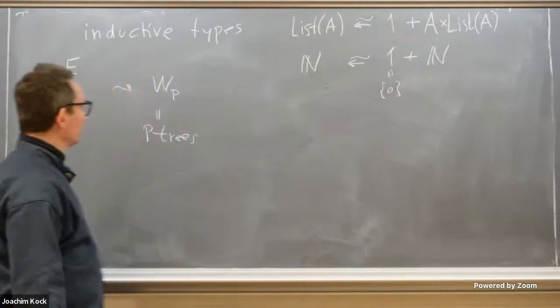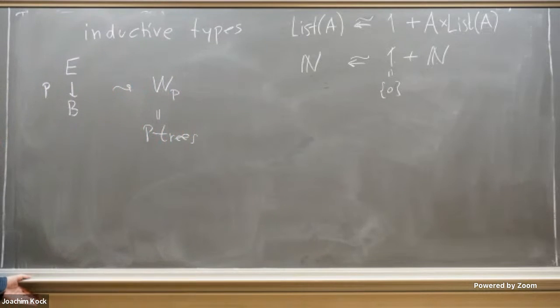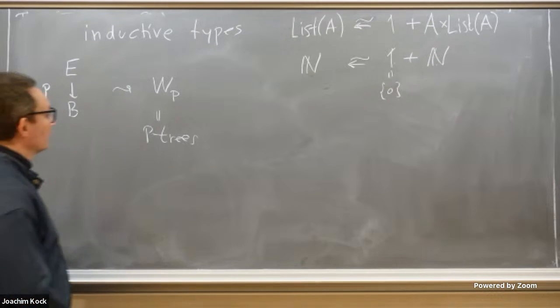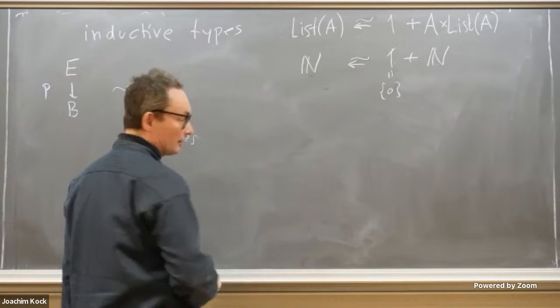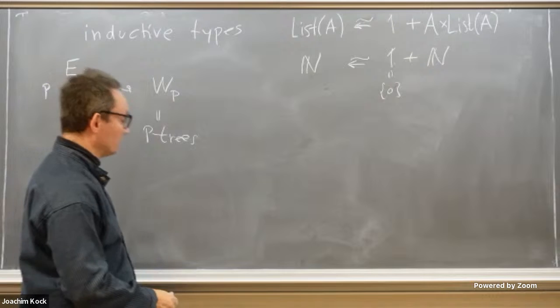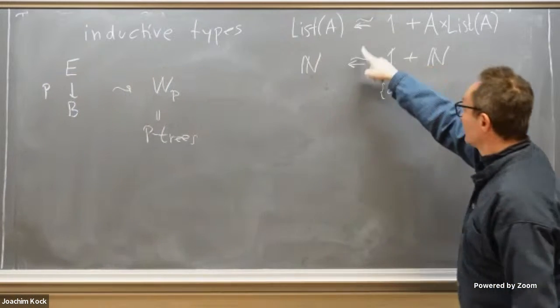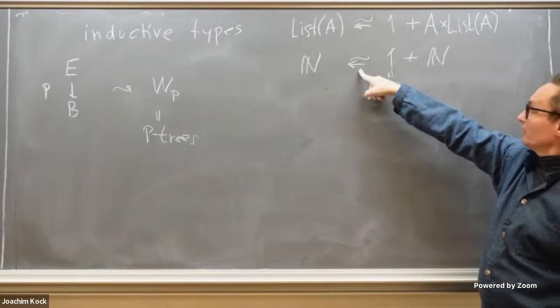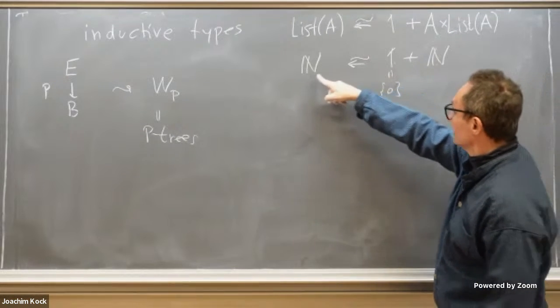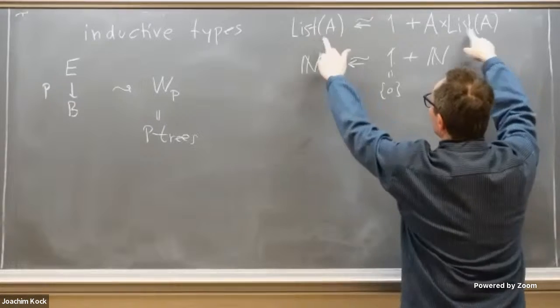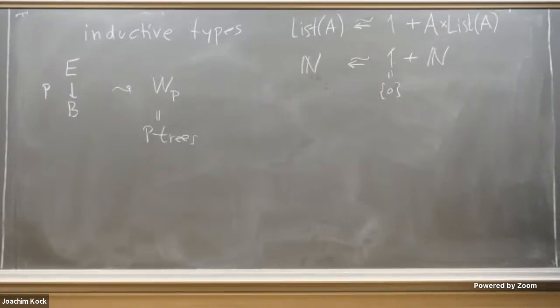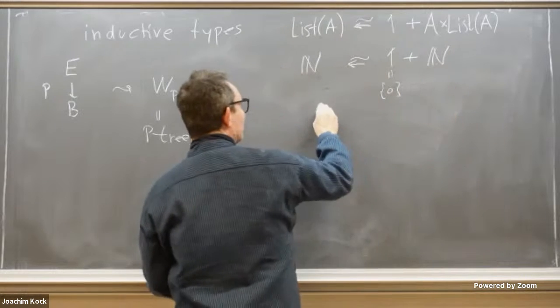I was planning to write up a little bit of type theory, but I don't want to do that because I'm a little bit short of time. So let me just say instead: what are these equations? They are fixed point equations, because they characterize an object in terms of an equation where it appears on both sides. So they are least fixed points.